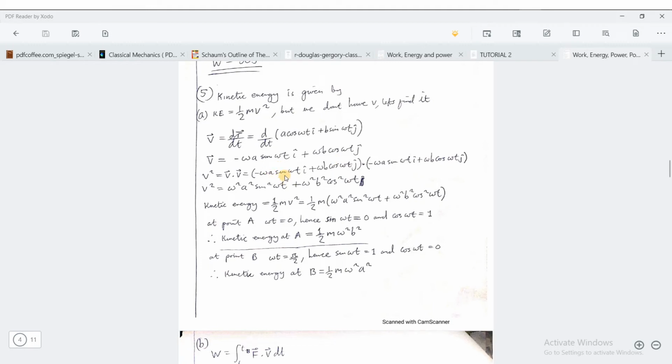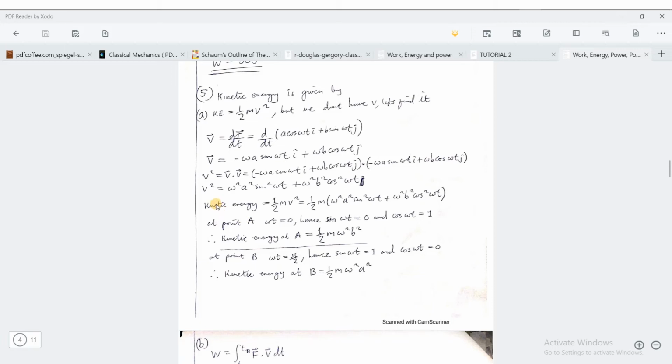When you take this expression times this expression, we get this expression, and when you take this expression times this expression, we get this expression. So this is our v squared, which is a scalar. We want it to be a scalar because energy is always a scalar quantity, as you can see here in this expression.